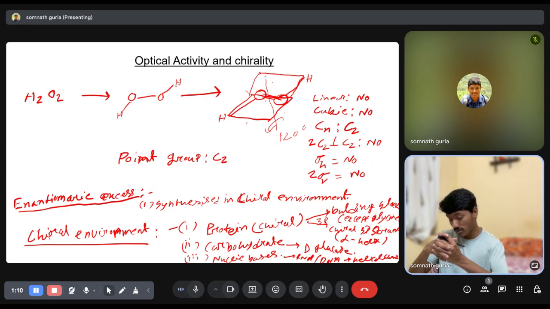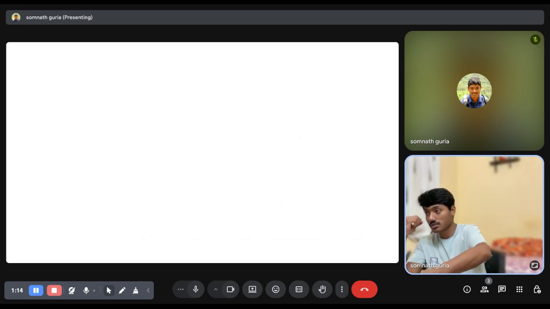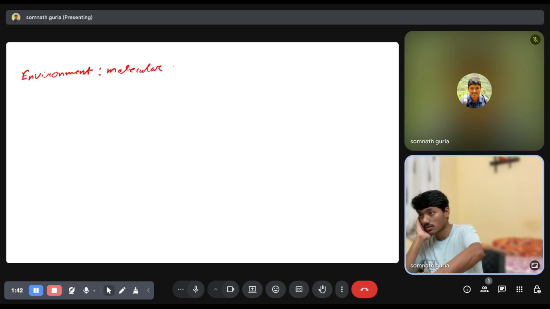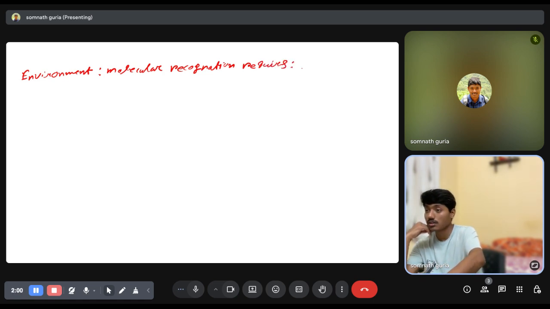Enzymes are nothing but metalloproteins. In this environment, molecular recognition requires that chirality plays a crucial role.